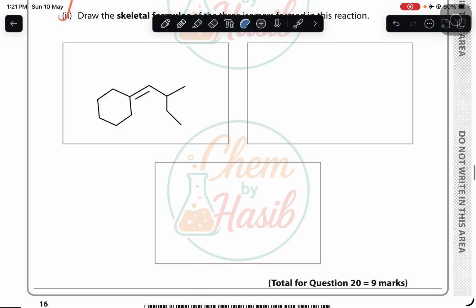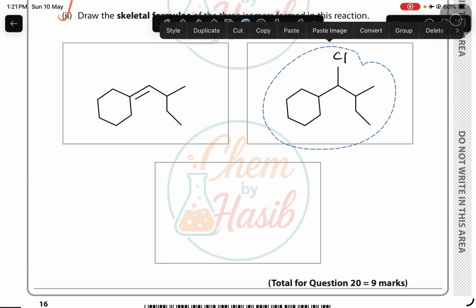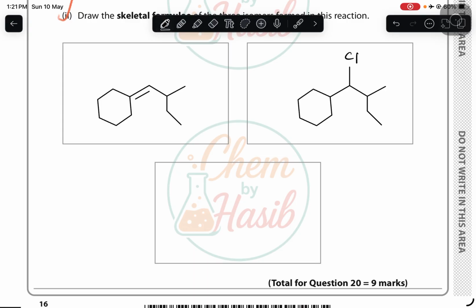Then there's also a hydrogen here. There's a hydrogen here as well. Now if you eliminate them, because there's another hydrogen here, if you simply eliminate them, so you get a double bond here.